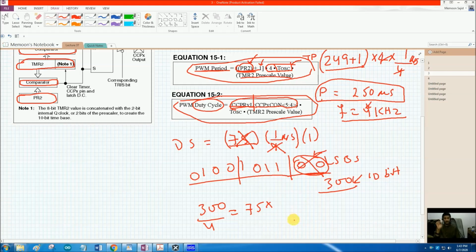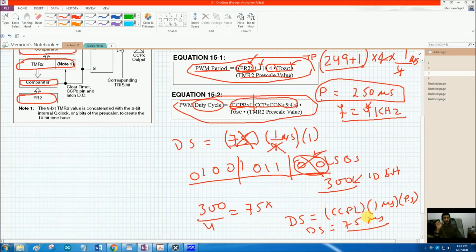For a 4 MHz oscillator, we can set our duty cycle equal to CCPRxL into 1 microsecond for a 4 MHz clock into the prescaler value. So 75 microseconds would be the duty cycle of the waveform that is being generated.